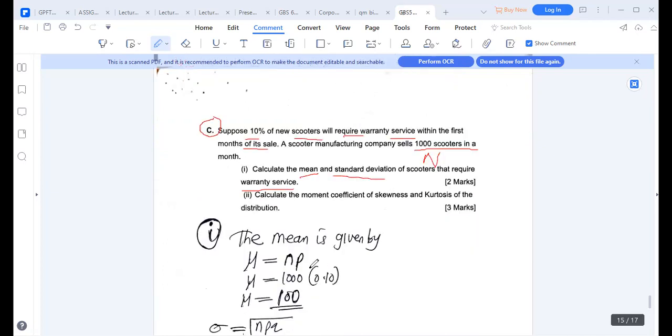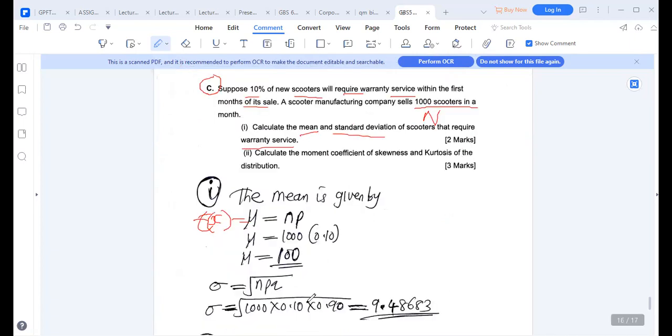For this one, we just have to say the mean, which is the expected value. The formula is equal to NP, so the expected value is 1,000 times that. So this is the mean. Our standard deviation of X, or this symbol, is equal to the square root of NPQ.